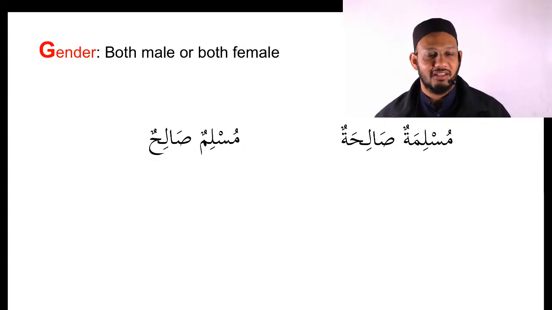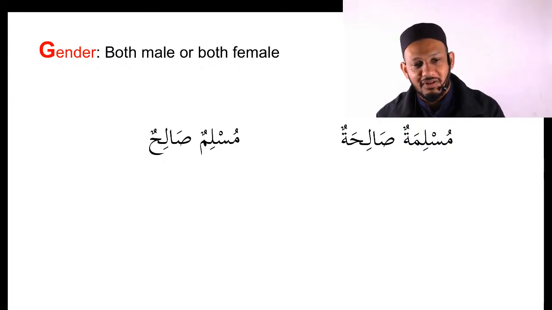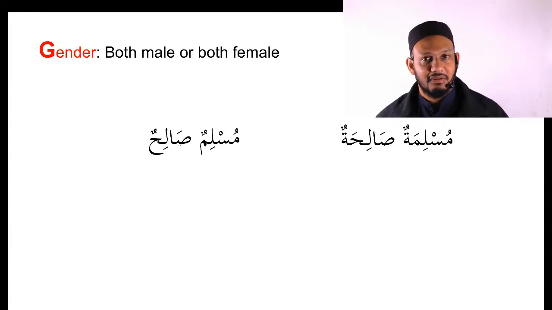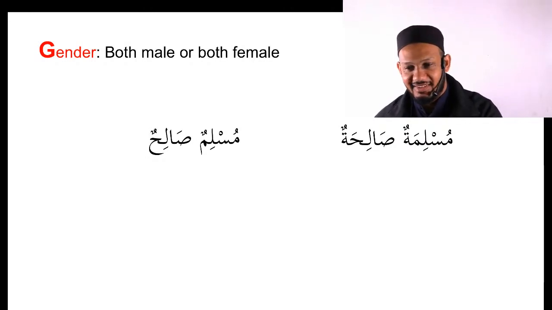Muslimatun salihatun and Muslimun salihun. Can you see if it's Muslimatun, then the sifa will be salihatun, because Muslimatun is feminine, therefore the sifa must match it. And if it's Muslimun, it will be salihun, masculine.